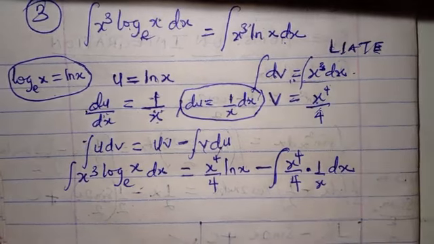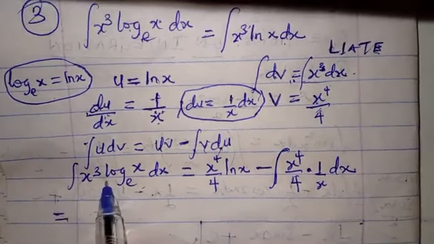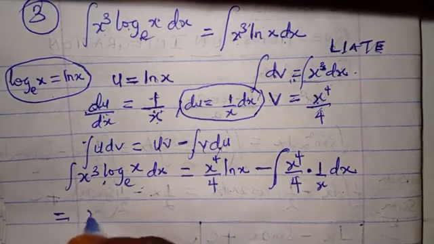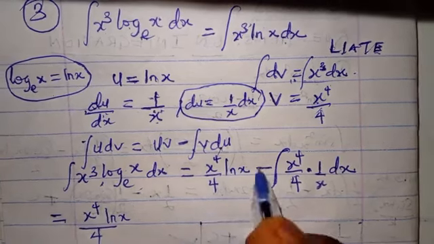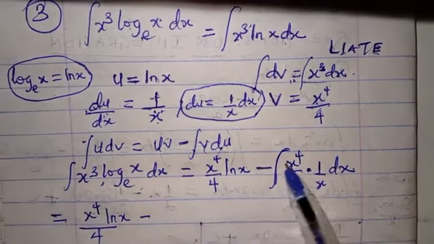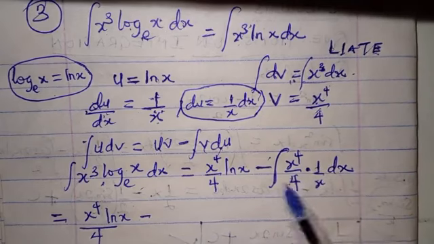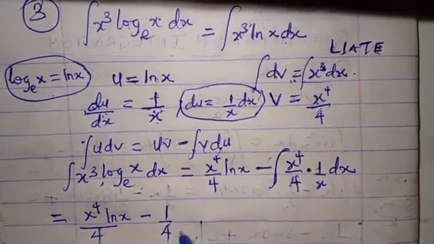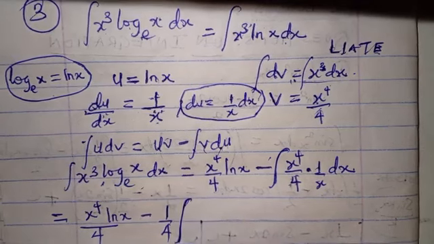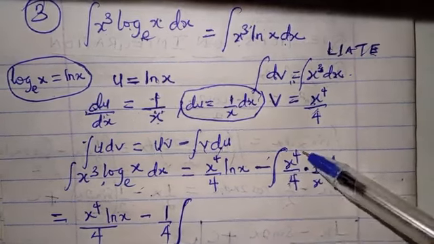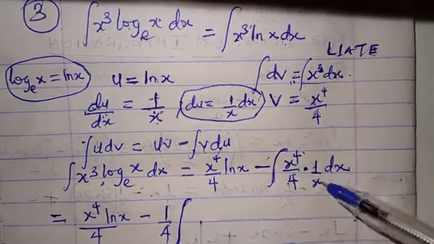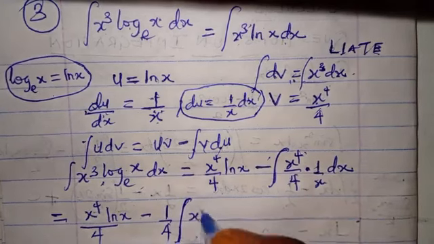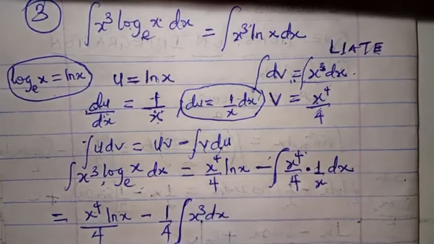Let's proceed. So this integral is equal to x to the fourth ln x all over 4 minus, I can bring 1 over 4 out from here, into the integral of what? This is x raised to the power 4 all over x. So x raised to the power 4 divided by x is x cubed dx.